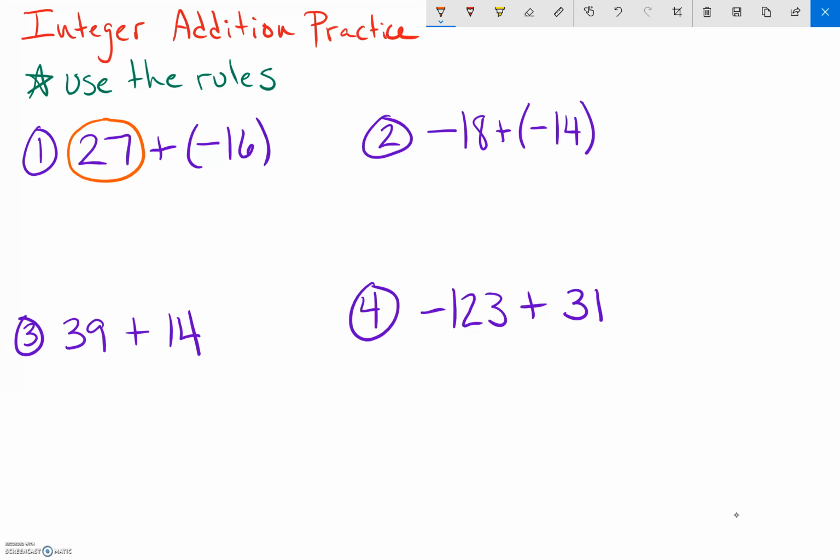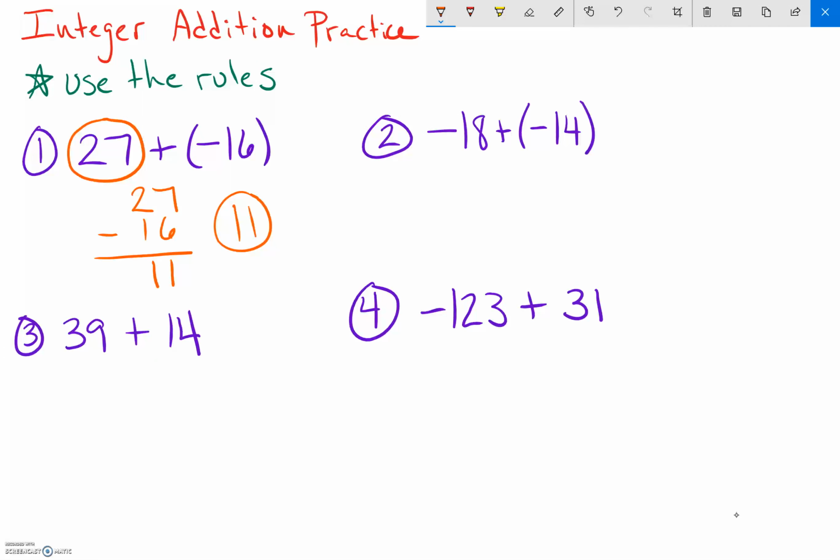Next step is you're going to subtract the absolute values with the bigger number on top, so 27 minus 16. 27 minus 16 is 11. Final step to that rule was whatever sign is on the circled number goes on your answer. So 27 plus negative 16 is 11.